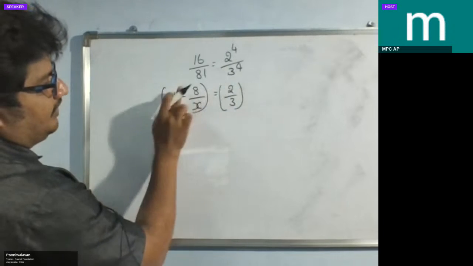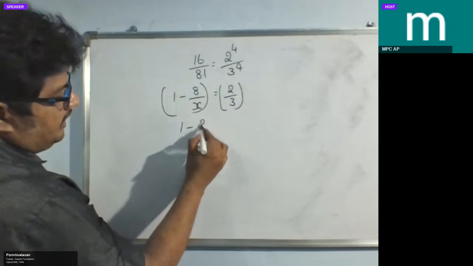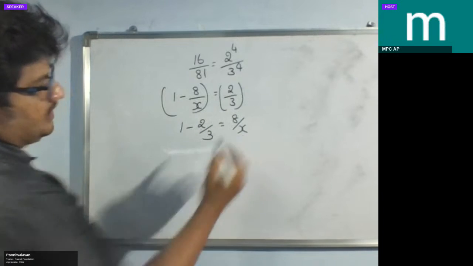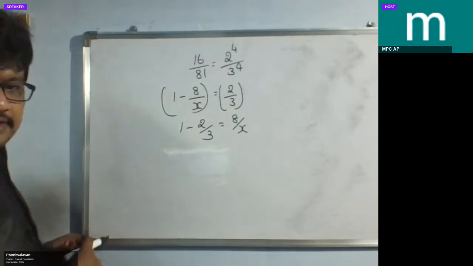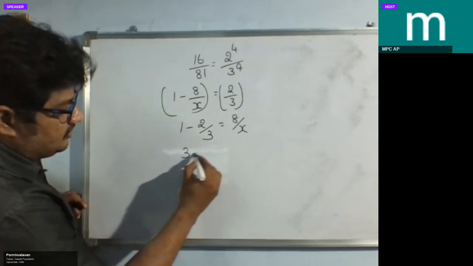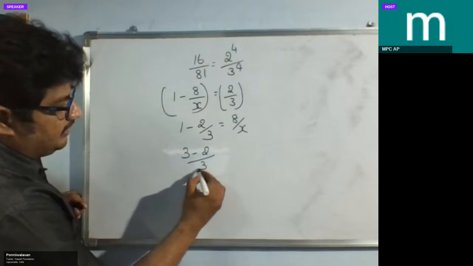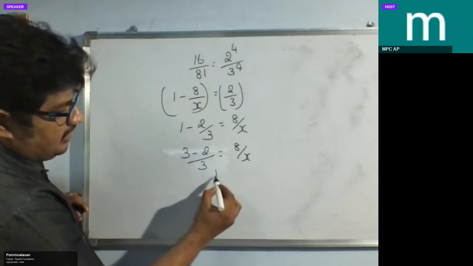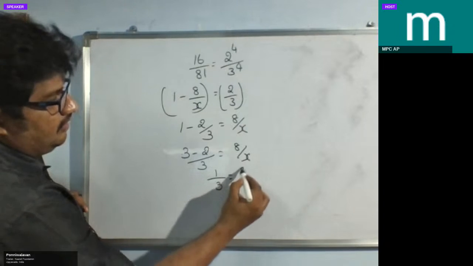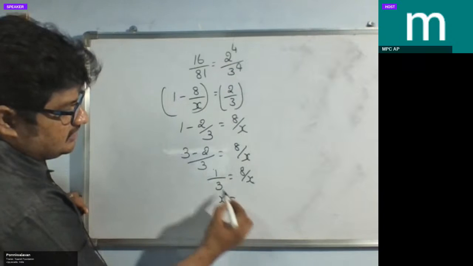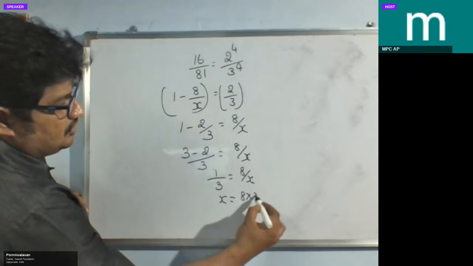So 2 by 3 came this side, now 1 minus 2 by 3, and this came 8 by x. If you take LCM, it is 3 minus 2 divided by 3, 8 by x. So 3 minus 2 will become 1. 1 by 3 equal to 8 by x. If x came here, then 3, 8 into 3, 24.